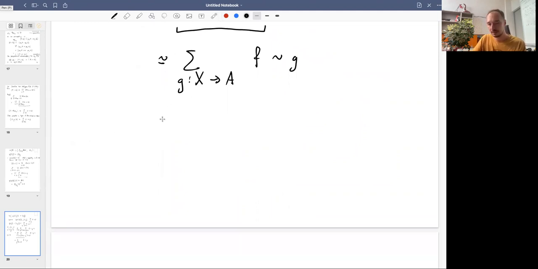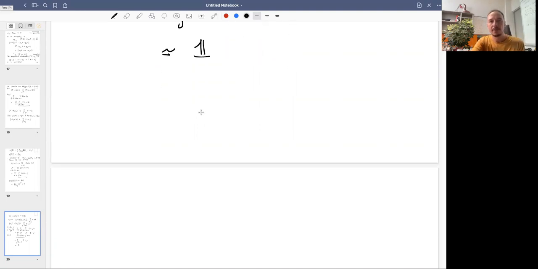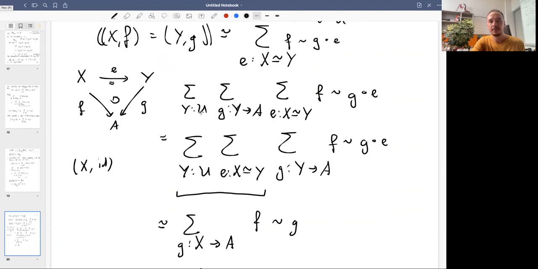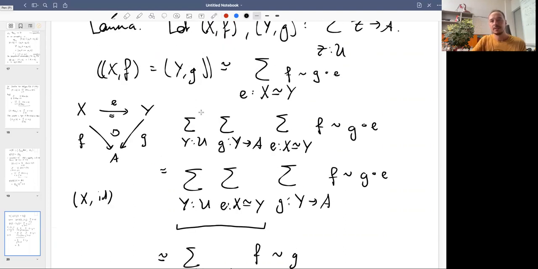So this total space is also contractible. So this is equivalent to the unit type. And that's why the total space of this type here on the right-hand side is contractible, and that's why you can use that to characterize the identity type of these pairs.